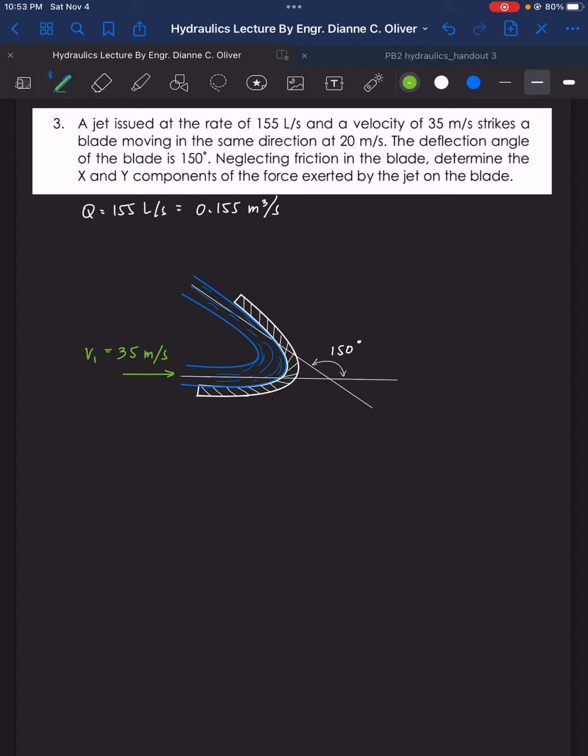So this blade is moving V prime, equals 20 meter per second in the same direction as the jet. So it means that direction here is the direction upon entrance of the blade. You're not going to put this V prime in this direction because it's not following the direction going out of the vane, but rather it follows the direction as the water enters the vane or the blade.